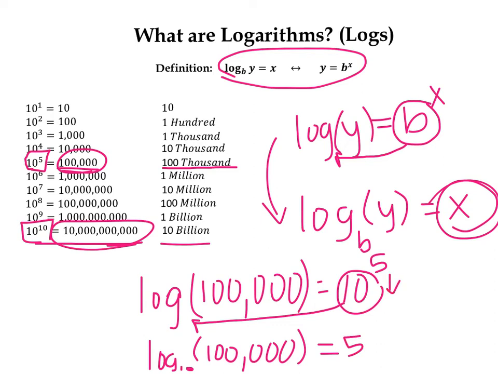So instead of saying 100,000, I can just talk about the number 5 when we're talking about this value. Why don't we just say 5 instead? And we can do the same thing with 10 billion. Why don't we just say the number 10? Now 5 and 10 are closer to each other, and it's easier to say 5 versus 10.